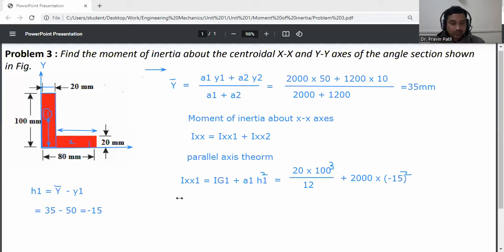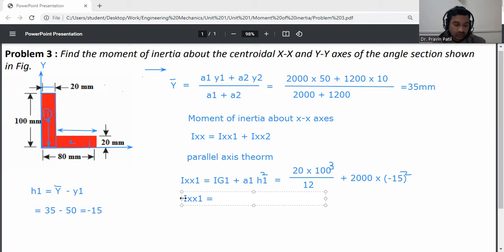Write down Ixx1 is equal to 20 into 100 cubed divided by 12, plus 2000 into 15 squared.